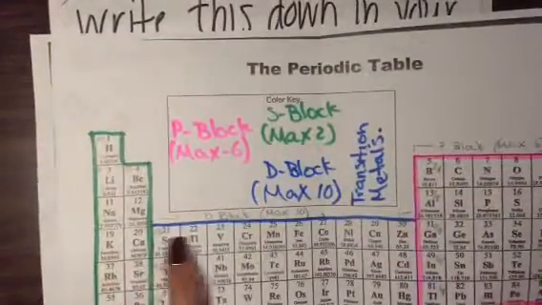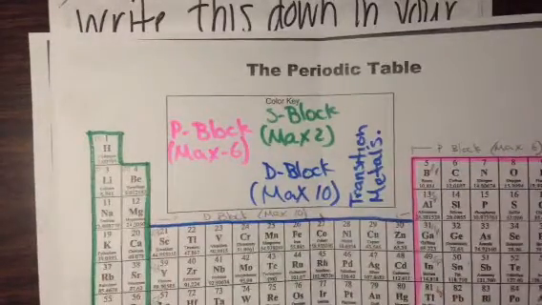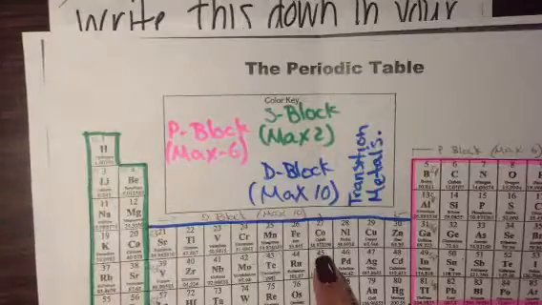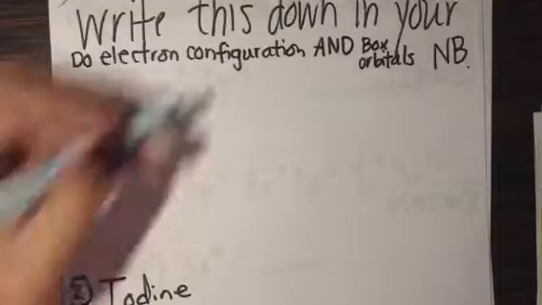These are the s's, d's, and p's, and we're going to cobalt, which is number 27. You have to work your way through. You start with the s's. Okay, I'm going to write it down.